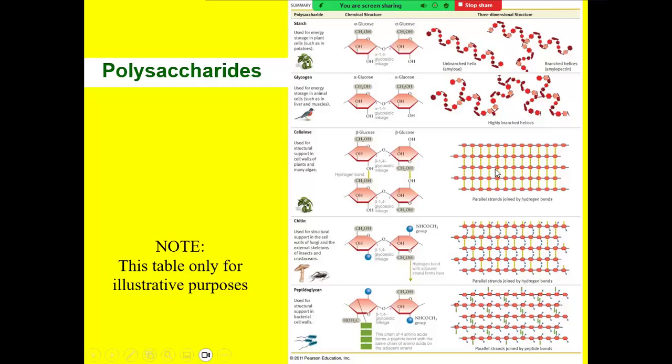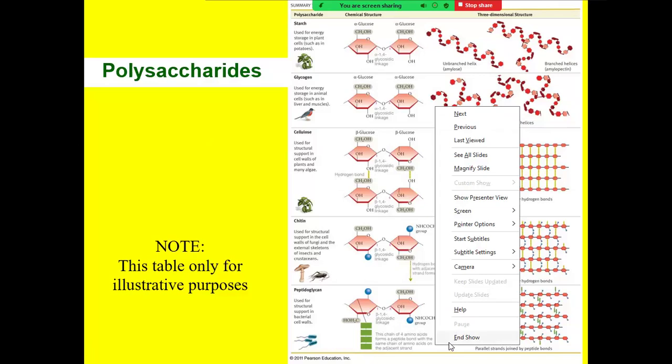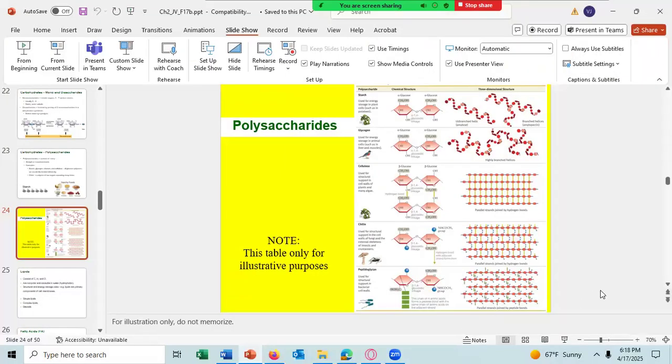Any question about any of that? We'll talk about peptidoglycan in a later lesson. I've already talked about glycogen, a branching chain of glucose, and starch, which is mostly a single linear chain of glucose held together. Any question about any of that?